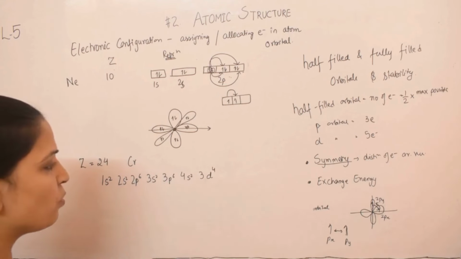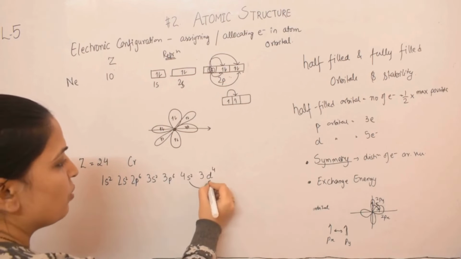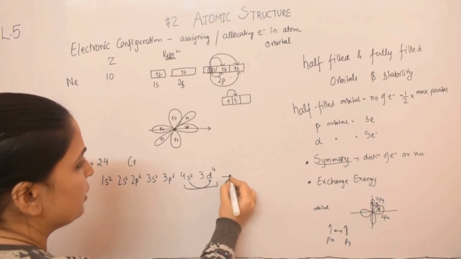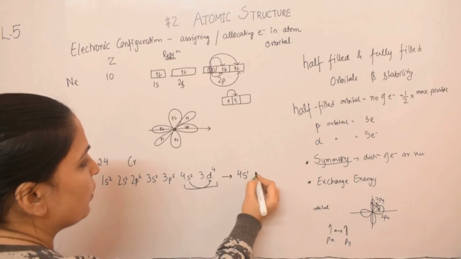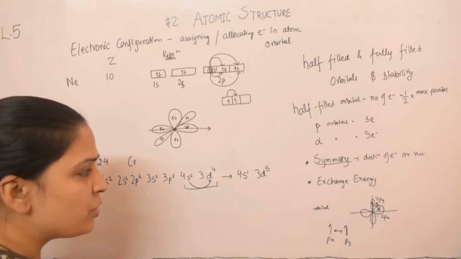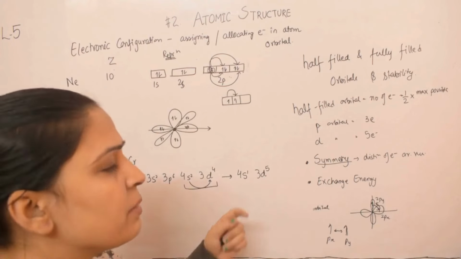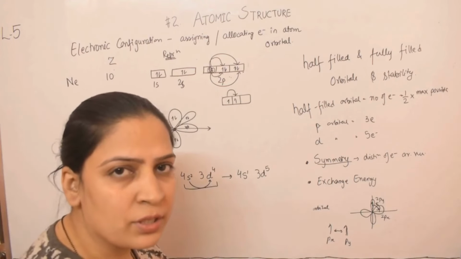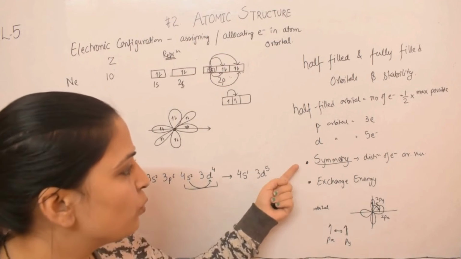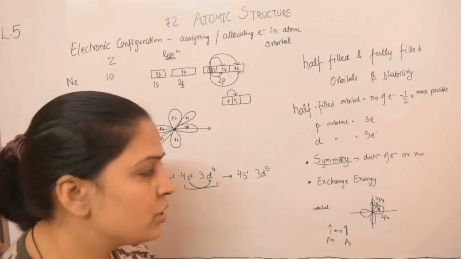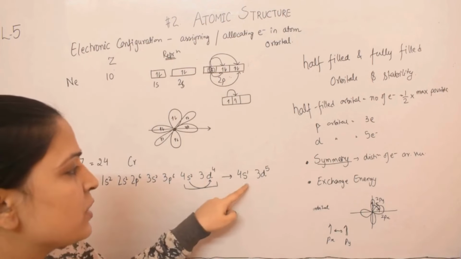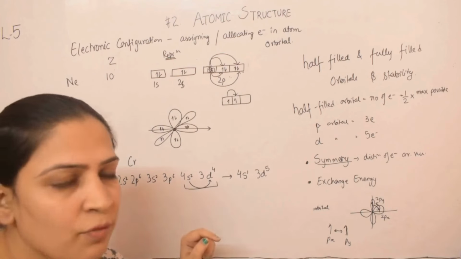But in case of chromium, one 4s electron shifts to the 3d orbital, and this whole configuration transforms to 4s1 and 3d5. And this transformation is feasible because of the higher stability of half-filled configurations. So the explanation comes, since these configurations are more stable due to symmetry and exchange energy, this is more preferred. That's why chromium has this kind of exceptional electronic configuration.